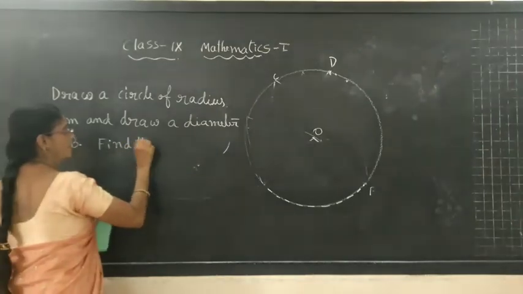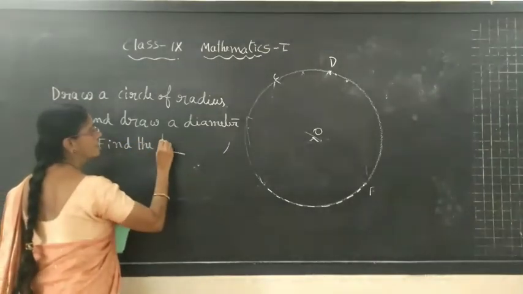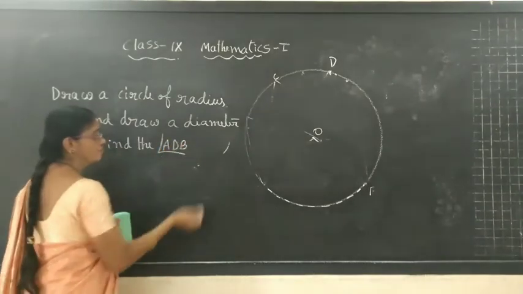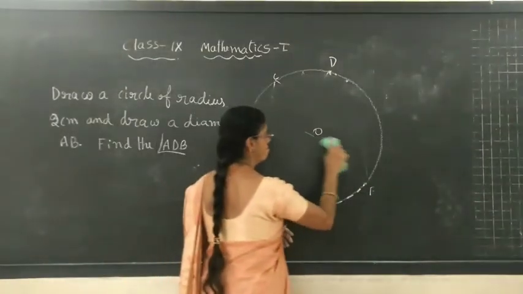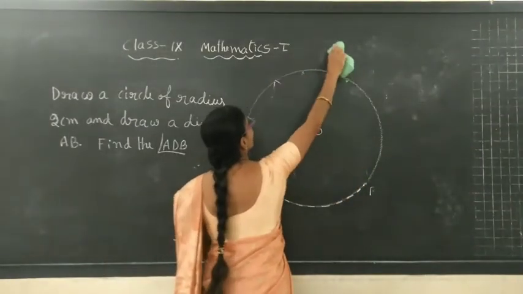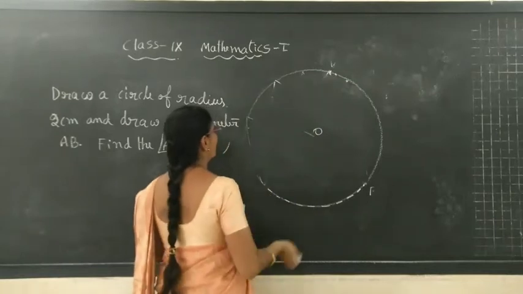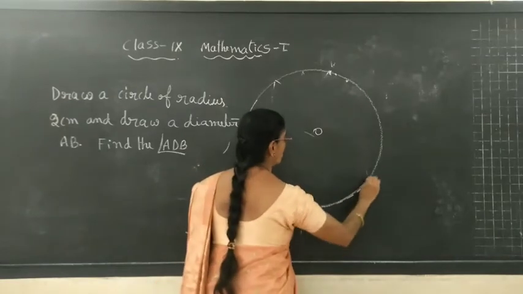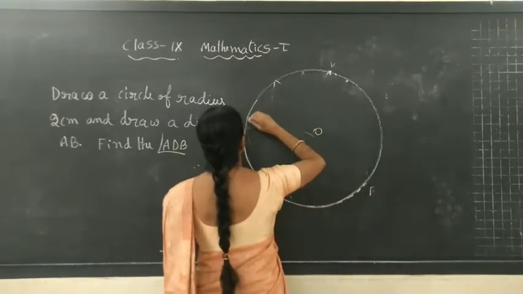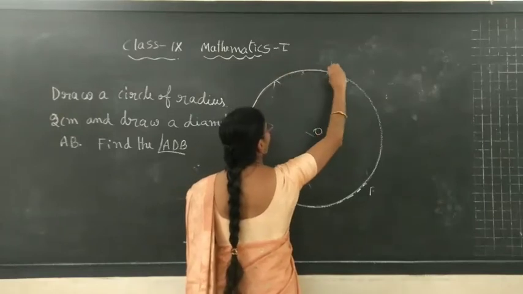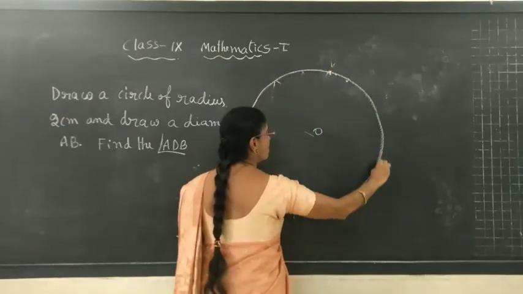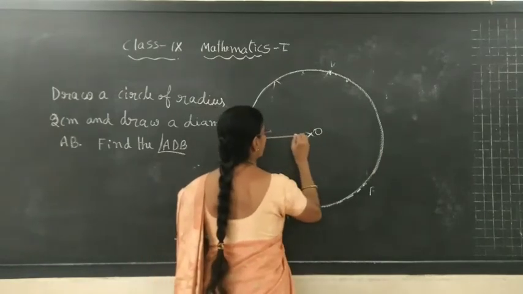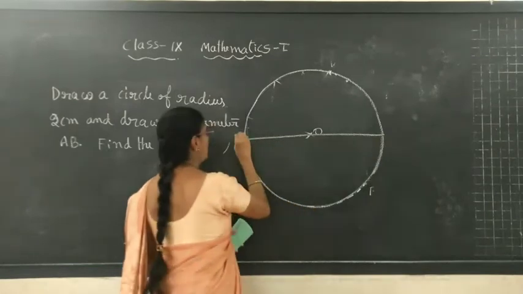Find the angle ADB. So you have to draw the diameter here, AB diameter.